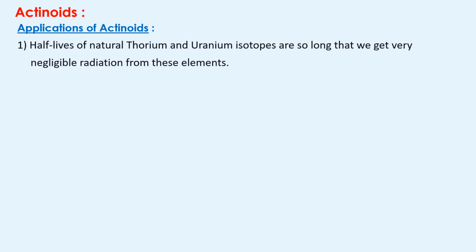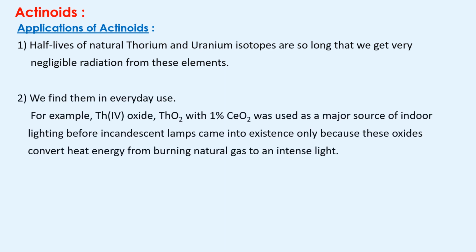Next is applications of actinoids, where we are using actinoids. The half-life of natural thorium and uranium isotopes is so long that we get very negligible radiation from these elements. So we find in everyday use, for example, thorium oxide, ThO2, with 1% CeO2, was used as a major source of indoor lighting before the incandescent lamp came into existence.